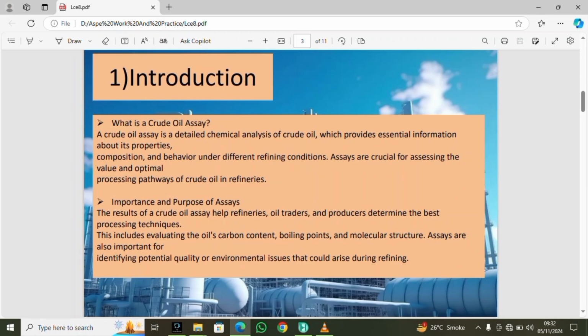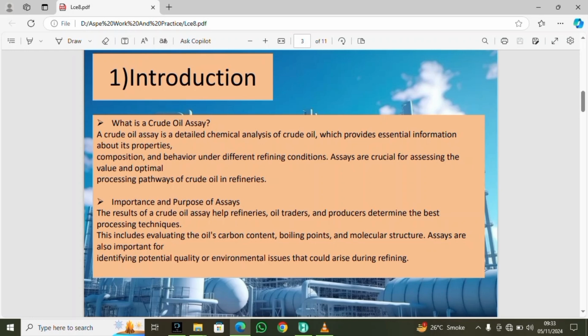In the introduction section, we will talk about what crude oil assays are. A crude oil assay is a detailed chemical analysis of crude oil, which provides essential information about its properties, composition, and behavior under different refinery conditions. Assays are crucial for assessing the value and optimal processing pathways of crude oil in refineries.